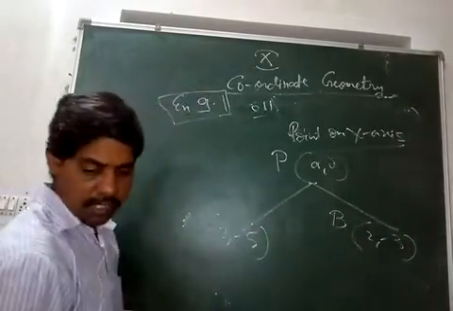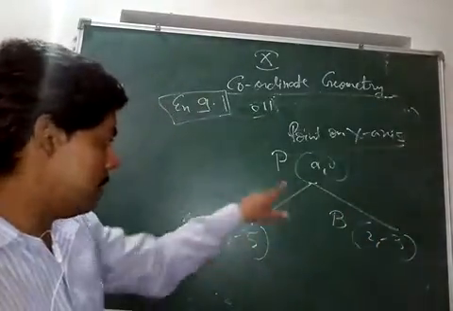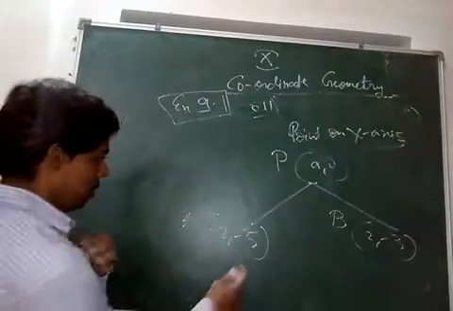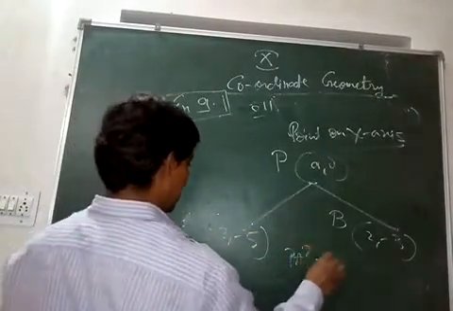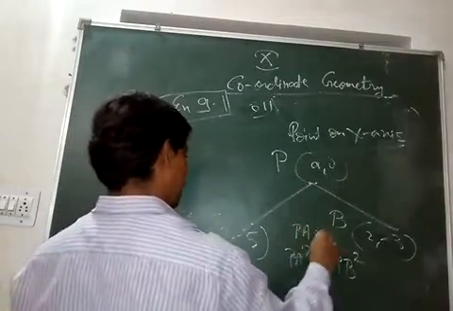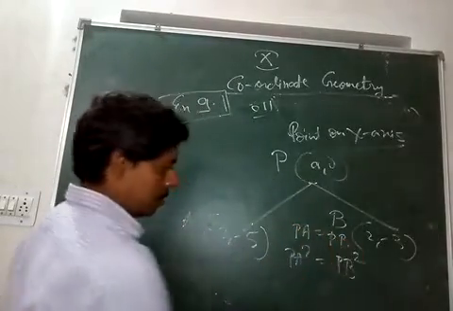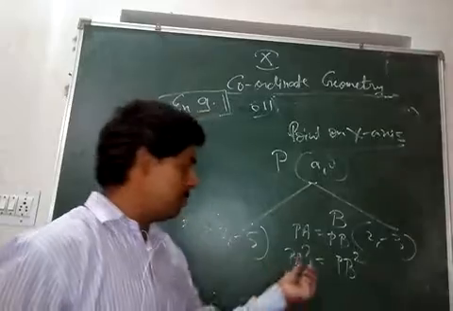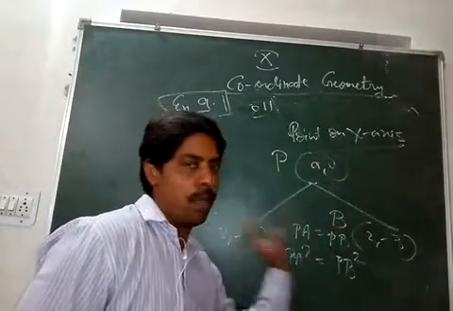So you will use the distance formula and write PA square is equal to PB square, because PA is equal to PB. This is given to us, so we can square it. Why are we squaring? So that we don't have to put the root sign in the formula.